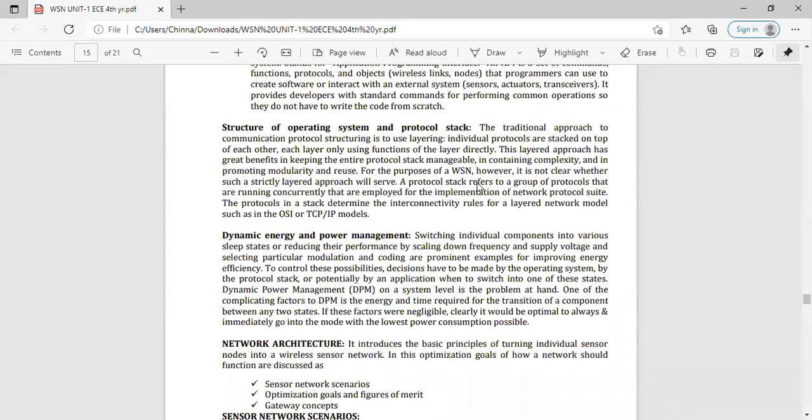It depends on the networking protocol used by the surrounding sensor nodes. So the protocols in a stack determine the interconnectivity rules for the layered network model, using OSI or TCP/IP models. So you can use either the TCP/IP model or the OSI model in wireless sensor networks, compared to the traditional.